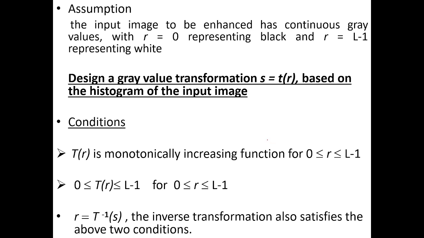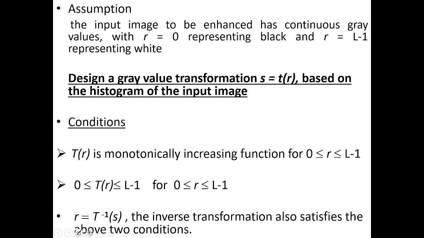Assume there is an input image to be enhanced with continuous gray levels, with r equal to 0 representing black and r equal to L minus 1 representing the brightest value. The histogram value r lies between 0 and L minus 1, and the transformation function lies between 0 and 1.